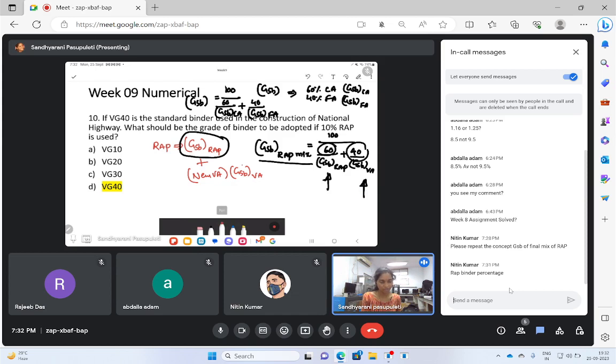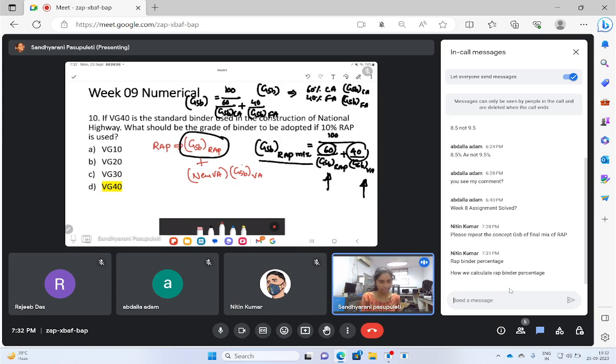Initially we have to calculate the RAP binder percentage. How to calculate it? Let us say 25% is RAP. When I say 25% RAP, that means aggregate is there, and around that aggregate some bitumen is there.